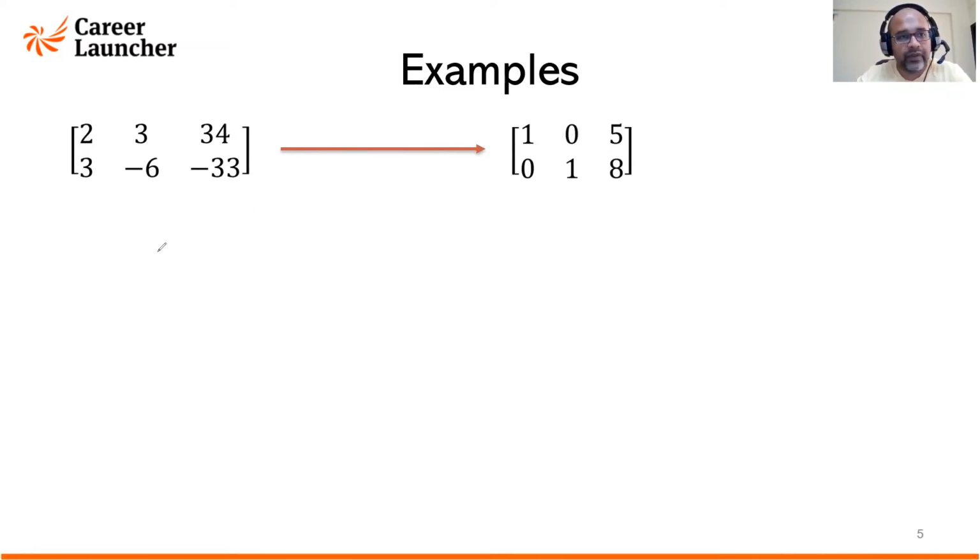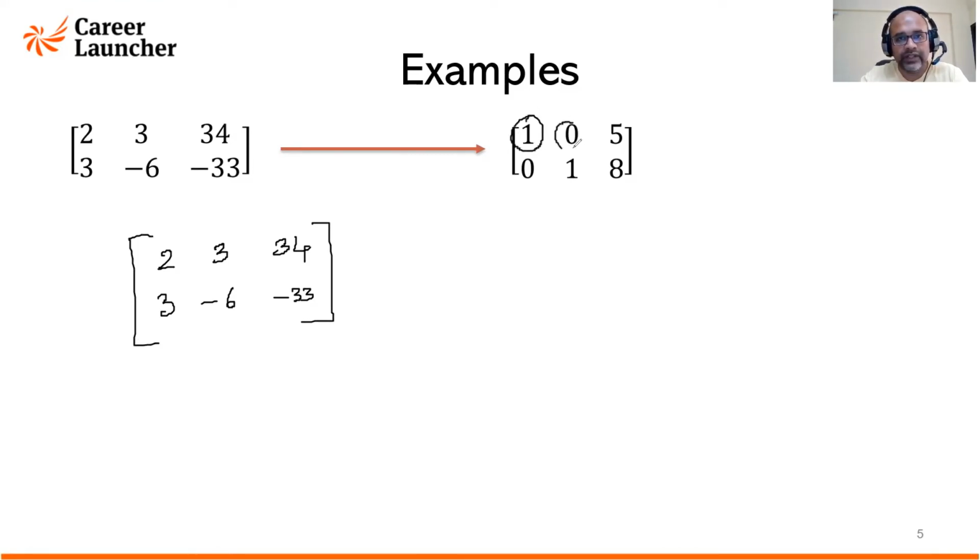The first step, if you look at it, will be 2, 3, 34, 3, minus 6, minus 33. Now what I want you to do is I want 1 here and I want 0 here. You can clearly observe that if you multiply R1 by 2, so basically you are multiplying the entire row by 2, then if you add R2 to it, see what happens.